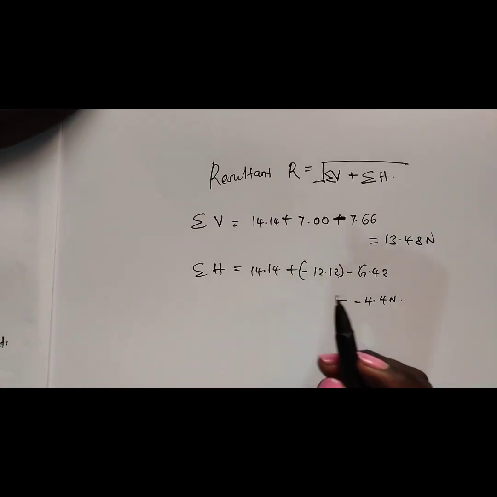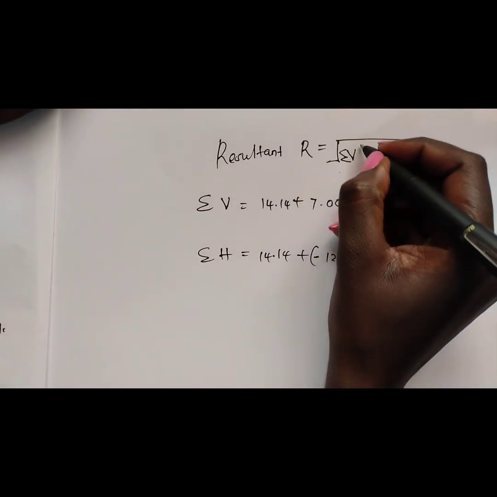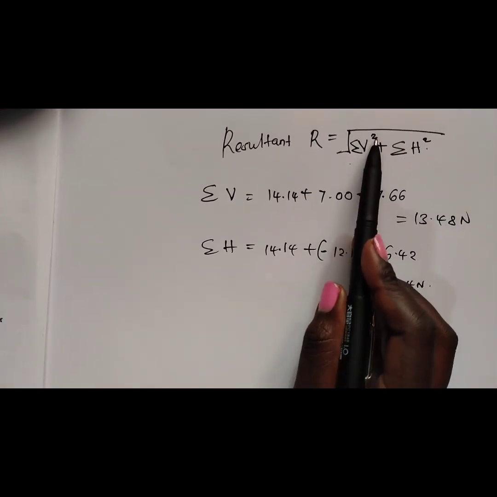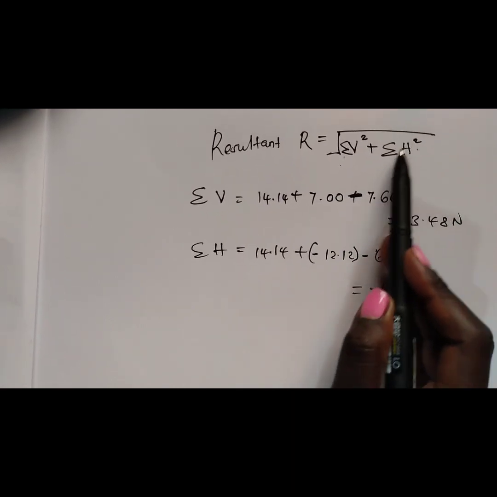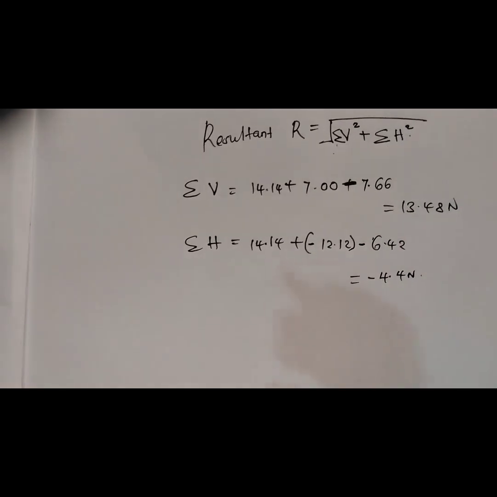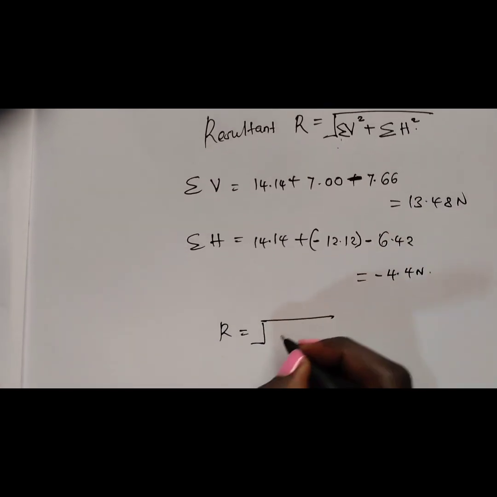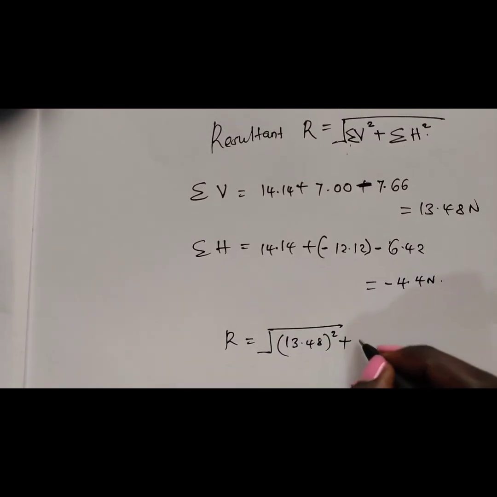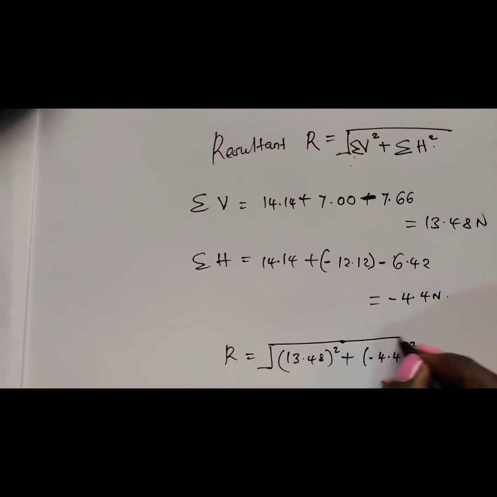So we said earlier on that the resultant is the square root of the vertical squared plus the horizontal squared. Kindly note the square of all the vertical components and the square of all the horizontal components. Now our R would be the square root of 13.48 newtons squared plus negative 4.4 squared.